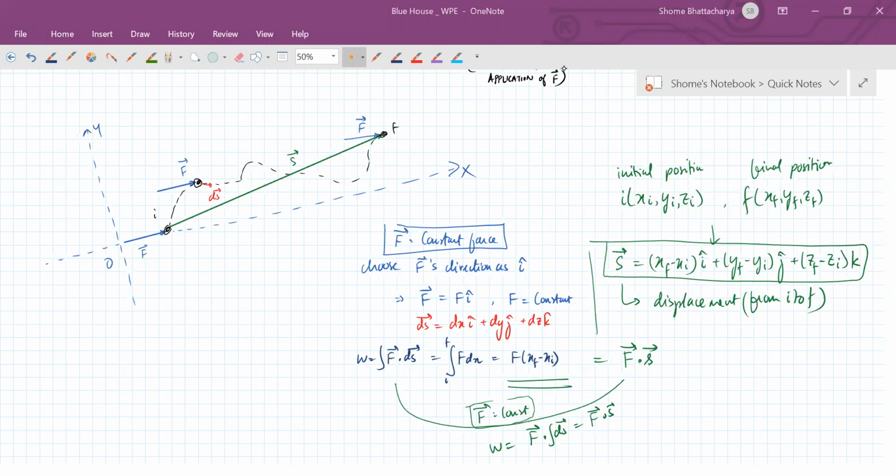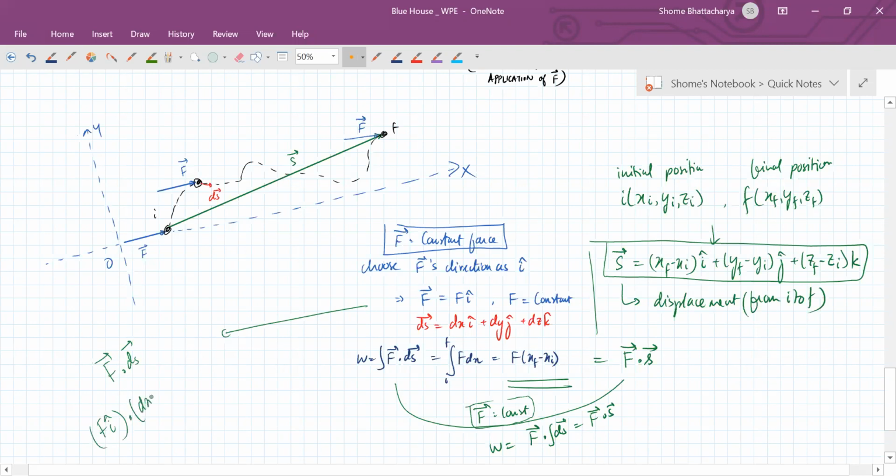No, no, why is that happening? See, because when you take this dot product, F dot ds, it's F i cap dot product with this. So this dot product F dot ds is F i cap dot product with dx i cap plus dy j cap plus dz k cap.